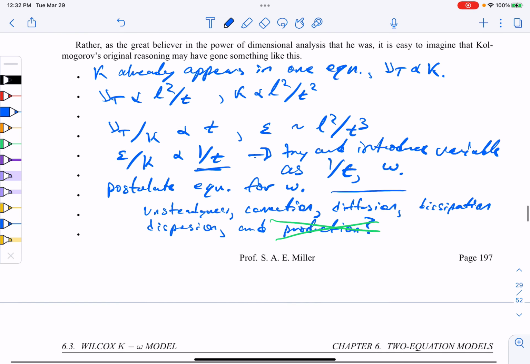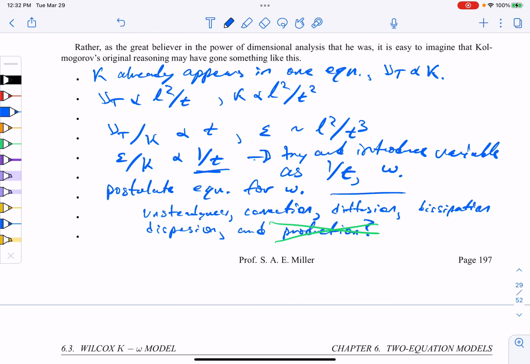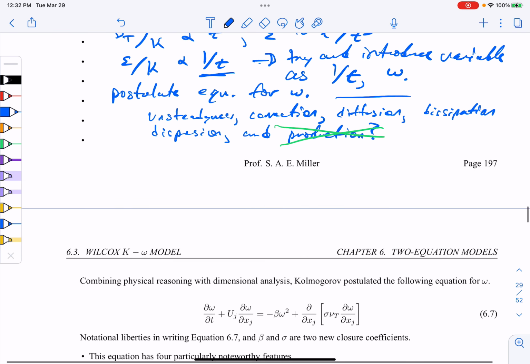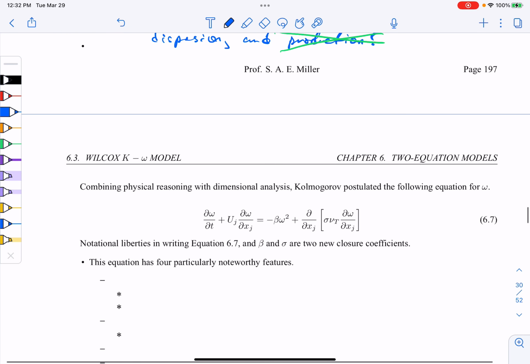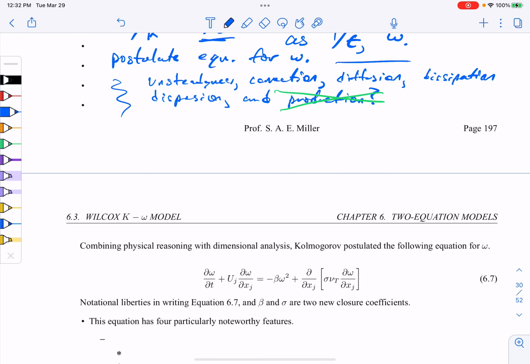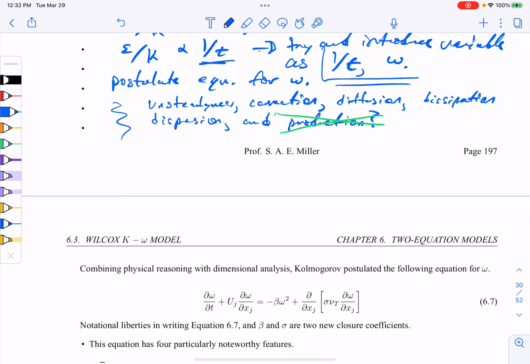Nobody really knows, but this is postulated based on a couple of papers and also briefly mentioned in Wilcox's CFD modeling book, that Kolmogorov directly wrote down this equation based on these properties and this dimensional unit right here in equation 6.7.